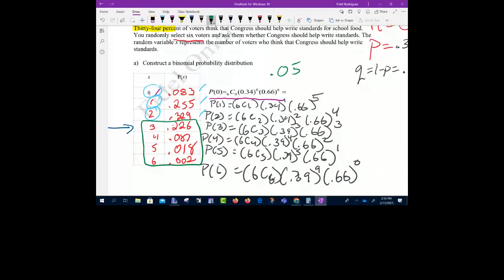Were there any numbers that were smaller than 0.05? What, 5 and 6? Aren't those numbers smaller than 0.05? Because look at those numbers, they're smaller than 0.05, right?